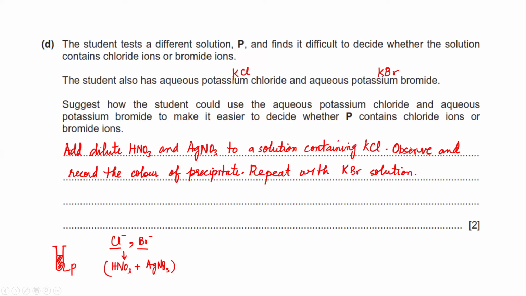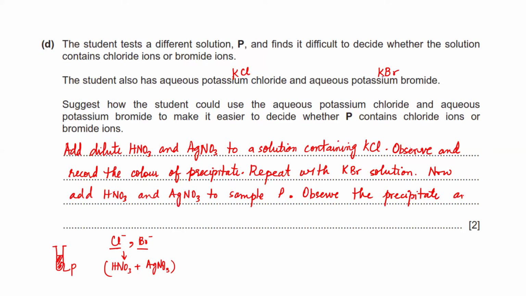Now add HNO3 and AgNO3 to sample P, observe the precipitate, and compare with the ones observed with KCl and KBr solutions.